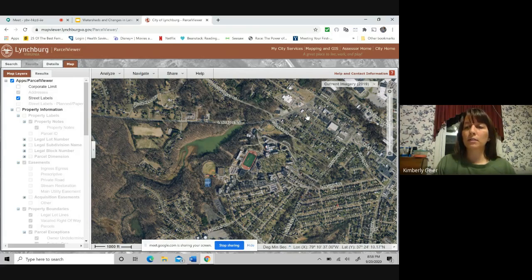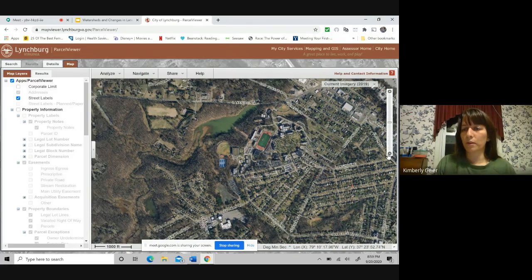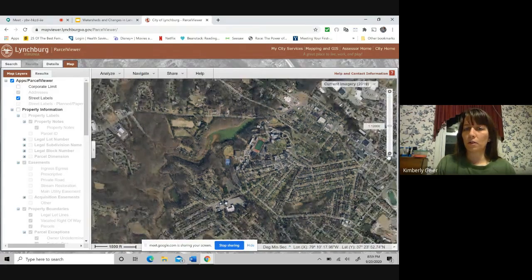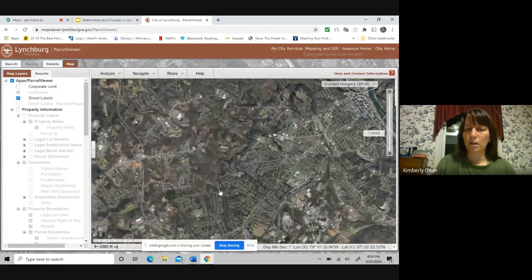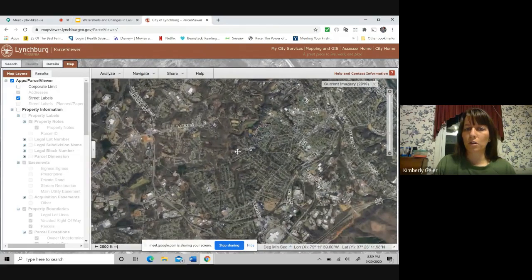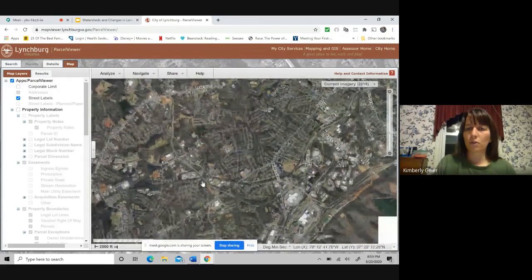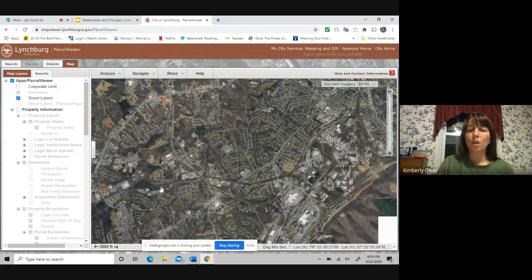So let's look. I'm going to zoom out a little bit. So here we are in Lynchburg, zooming out, and I'm going to look over here. Why am I looking over here? Because the water is headed in this direction.